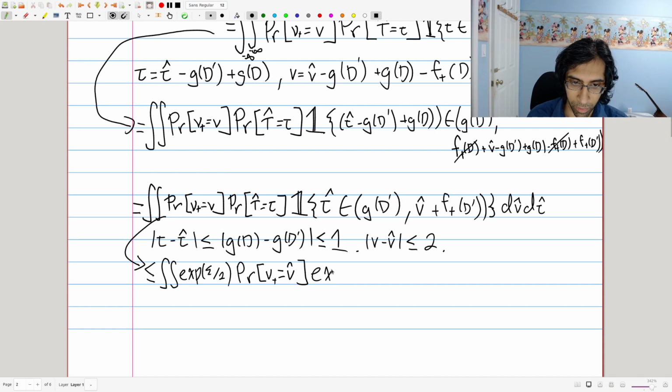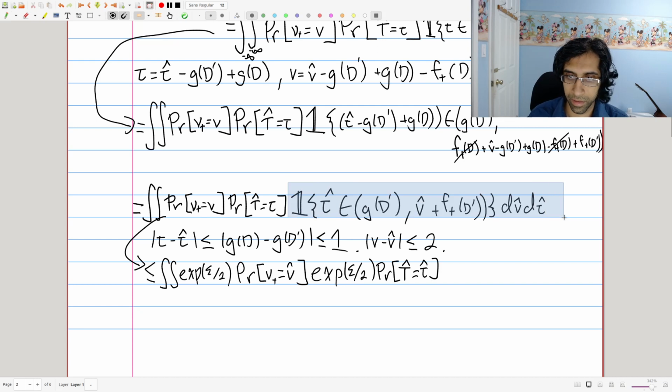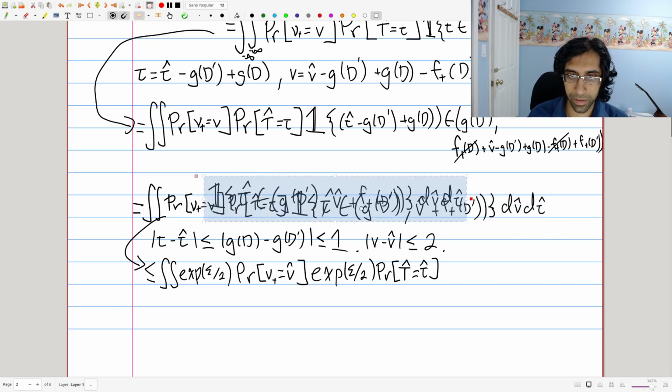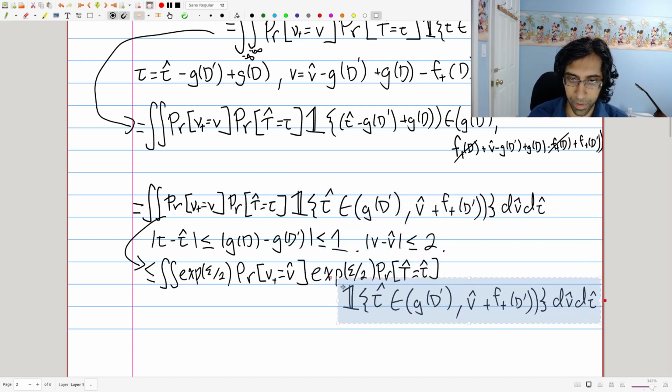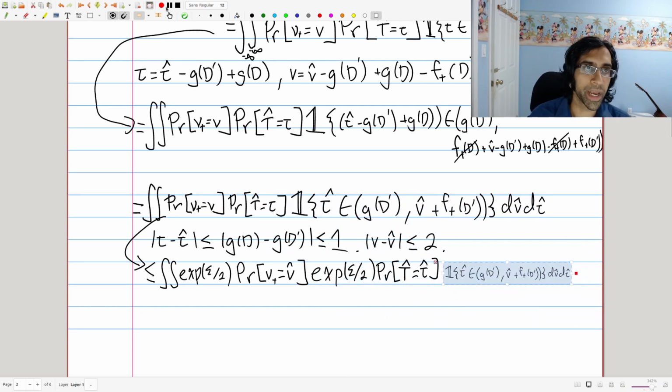Similarly for the other one, this will now be equal to the probability that t hat is equal to tau hat. And this will all be the same, so let's just copy paste that. Okay, so what does this tell us now?